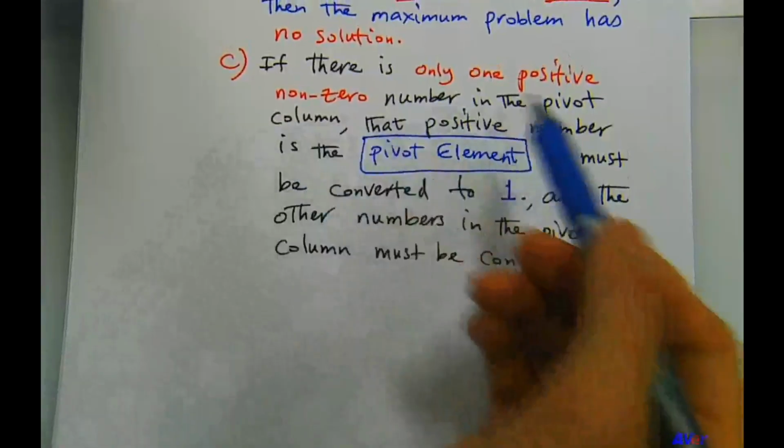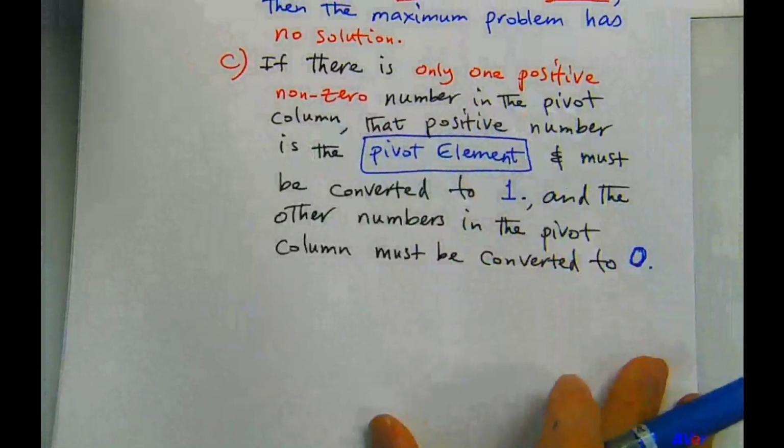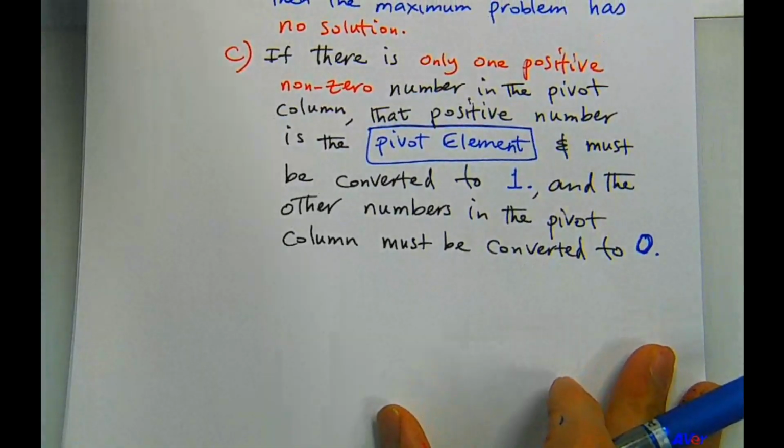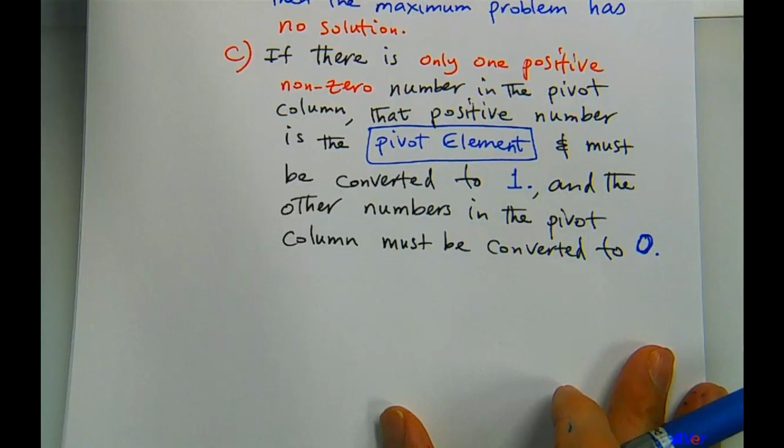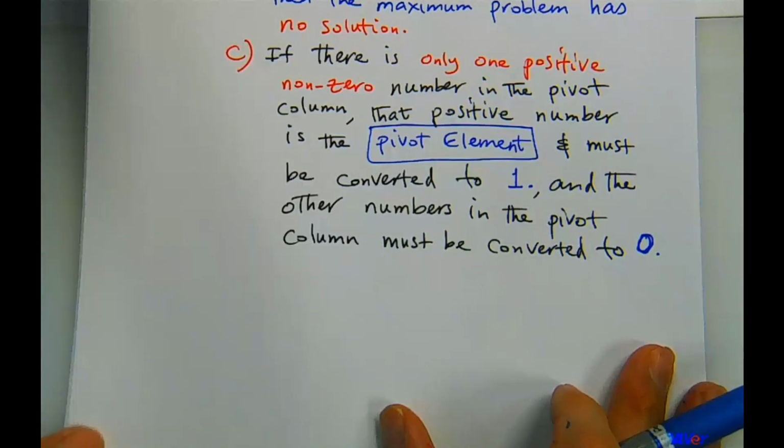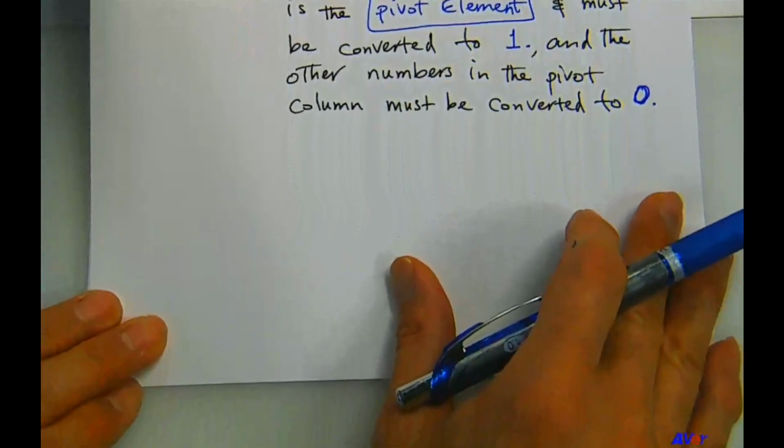Now, this is if there is only one positive non-zero. What if we have multiple positive non-zero numbers in the pivot column? Then how do we decide which one of those positive numbers is the pivot element? Let's talk about that. That would be part D.